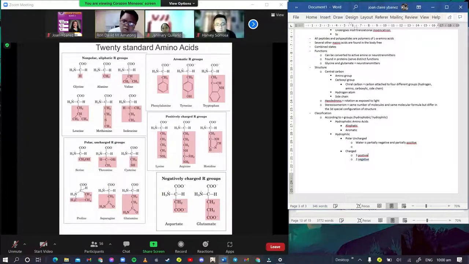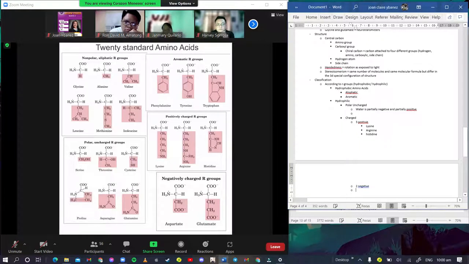Tyrosine, Doc? Yes, tyrosine because of the OH. So depending on the pK of the OH, which can be an ionizable group, here the H, and the pH of the environment, this can be deprotonated. Okay, so it will now carry a negative charge.